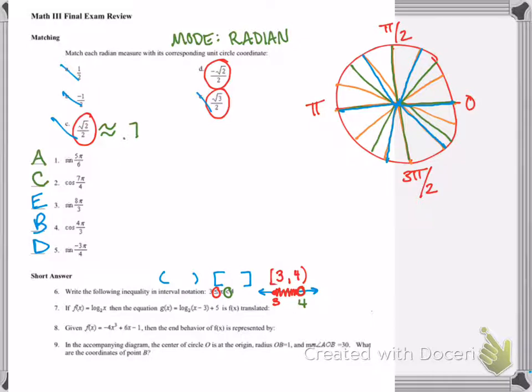In number 7, it gives us a function, f of x equals log base 2 of x, and the equation g of x is log base 2 of x minus 3 plus 5, and it's translated. Remember, translation means that we're moving.